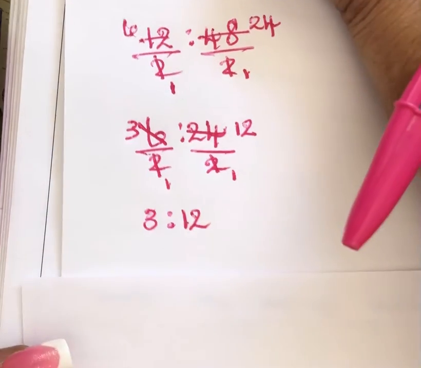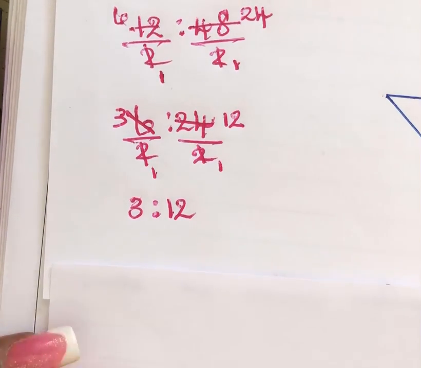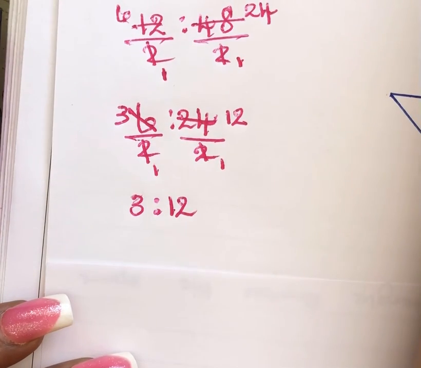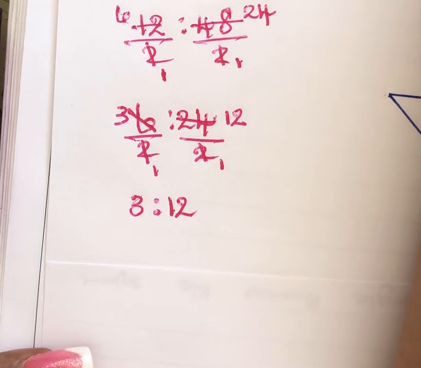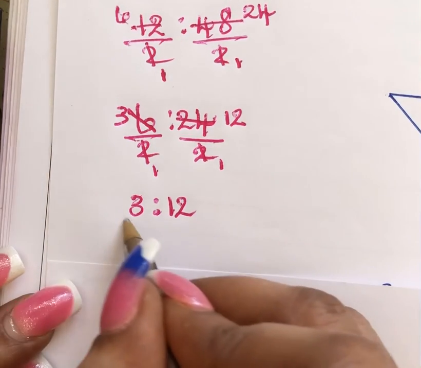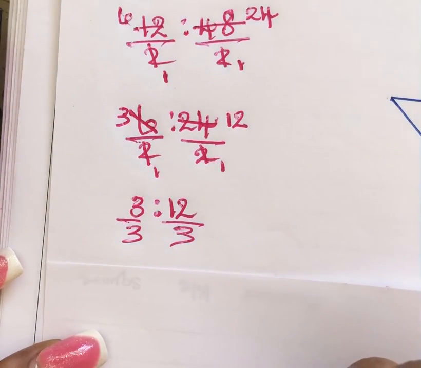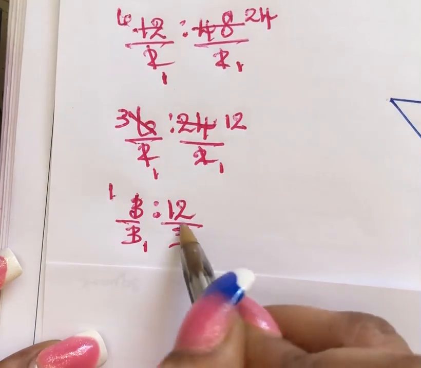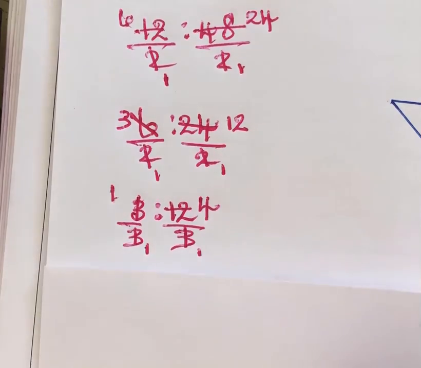Let us look. Is there a factor higher than 1 that goes into 3 and 12, leaving 0 remainder? Yes, there is. We can use 3. 3 goes into itself once. 3 goes into 12 4 times.